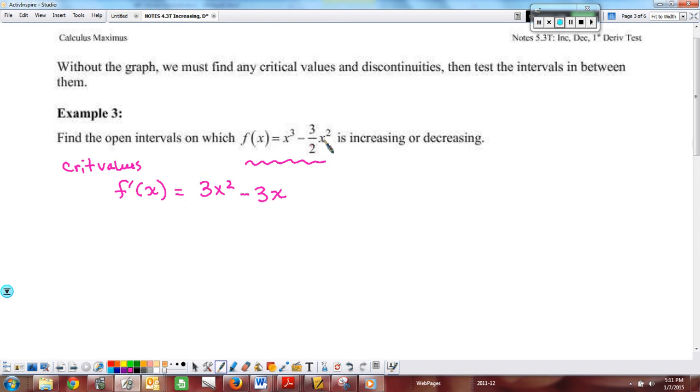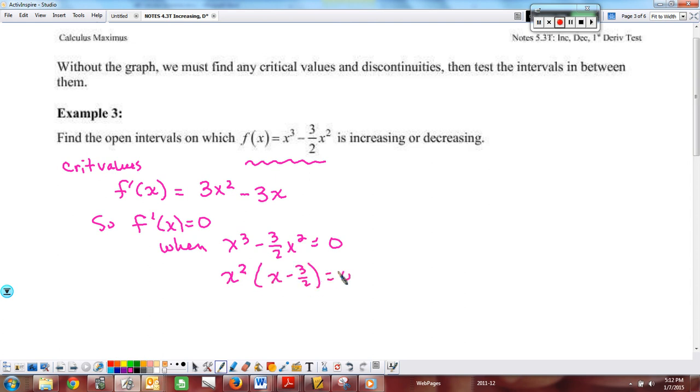Then because this is a polynomial, which would have no cusp or vertical tangents, and I'm continuous, and my domain is negative infinity to infinity, my critical values are only going to occur where the derivative is equal to 0. So the derivative equals 0 when x cubed minus 3 halves x squared equals 0. We'll do a little factoring here, x minus 3 halves, and so we would get x equal to 0 and x equal to 3 halves. So step 1 is find our critical values.